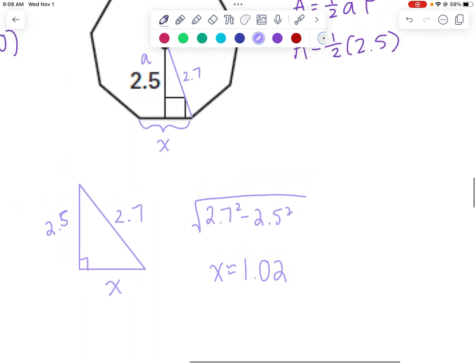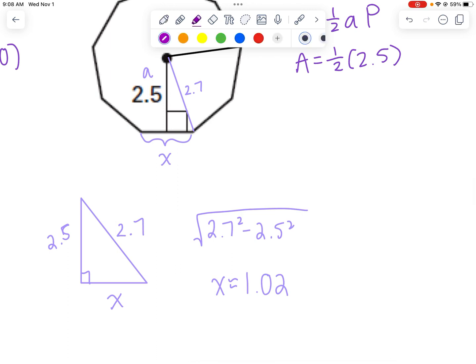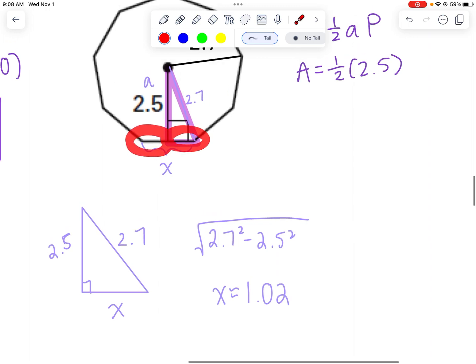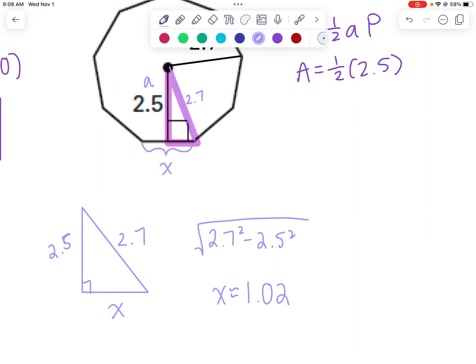Now, where you have to be careful on this problem is if I go back and I look at this triangle, 1.02 is this piece right here. The full side isn't 1.02. The full side would be 1.02 and 1.02, which would make it 2.04.